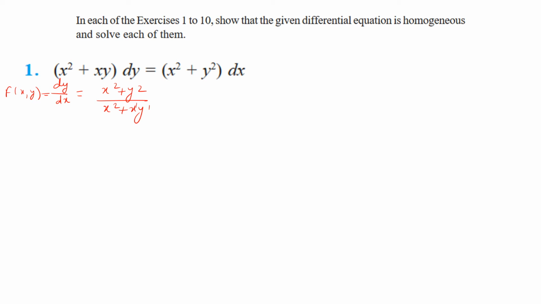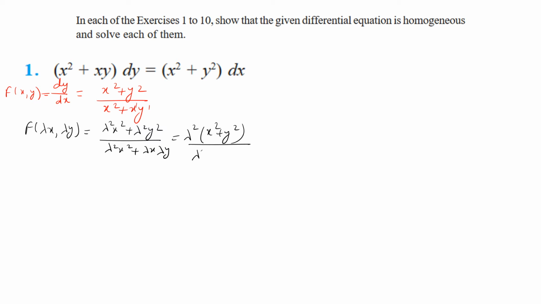So what we will do is check f of lambda x, lambda y. It will become lambda square x square plus lambda square y square upon lambda square x square plus lambda x, lambda y. You can take lambda square common from the numerator and denominator.